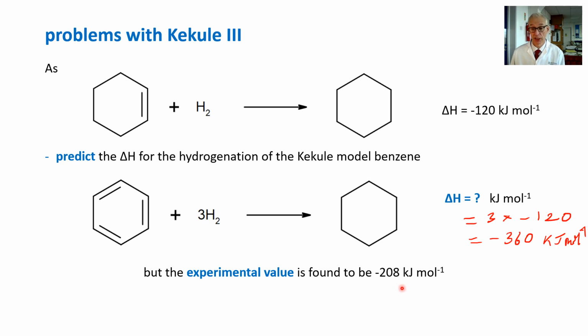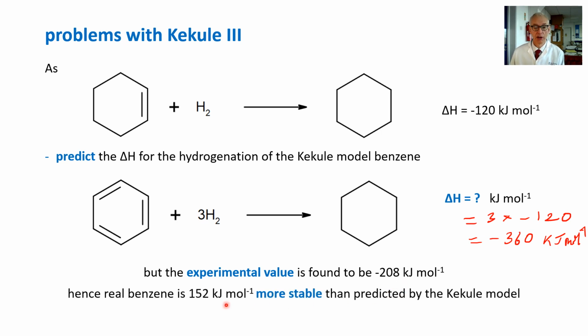You'll find variations in various textbooks, but if I take minus 208, that means that real benzene, the benzene structure that really exists and not the Kekule model, is 152 kilojoules per mole more stable than predicted by the Kekule structure.